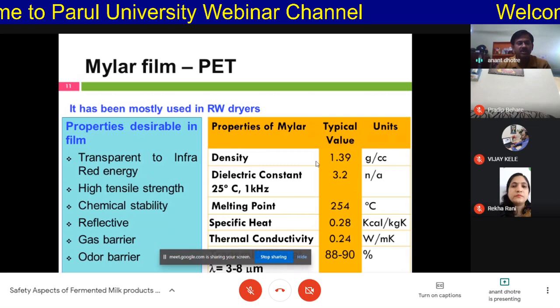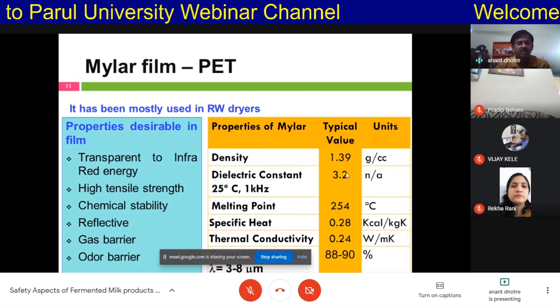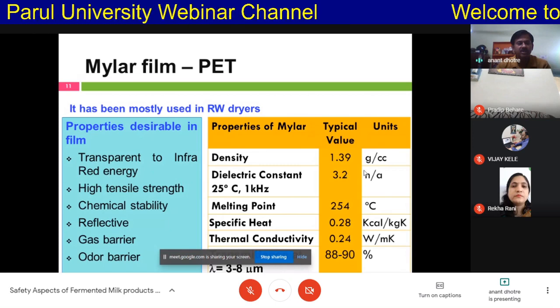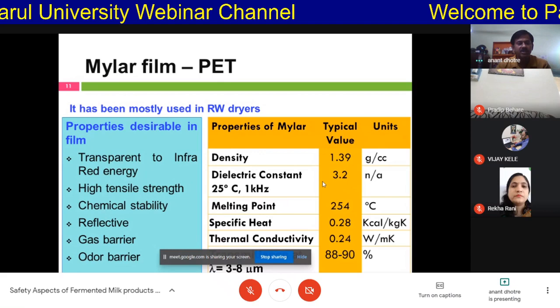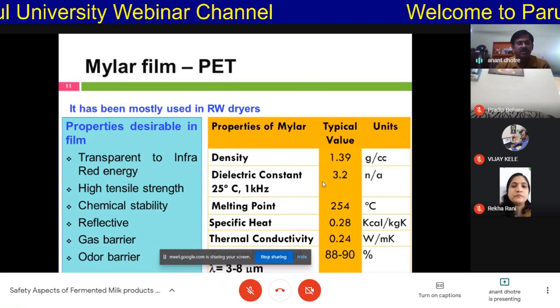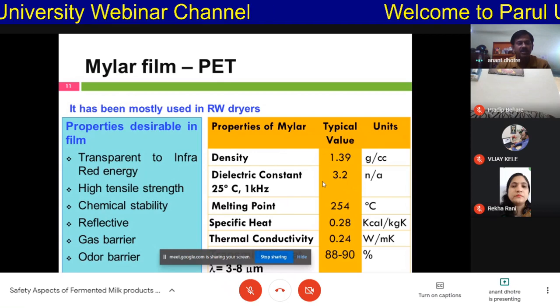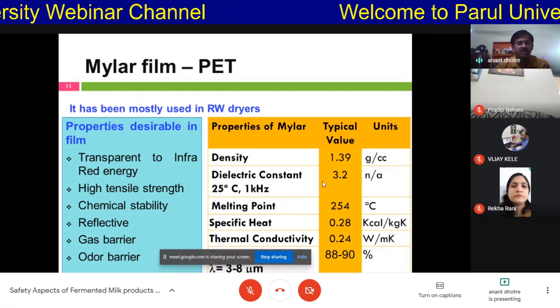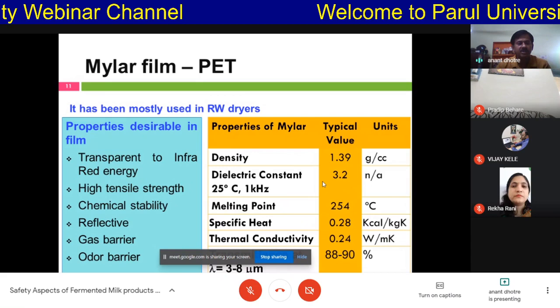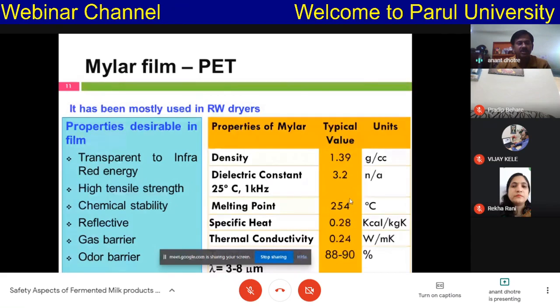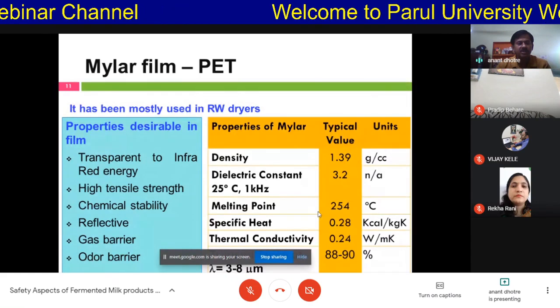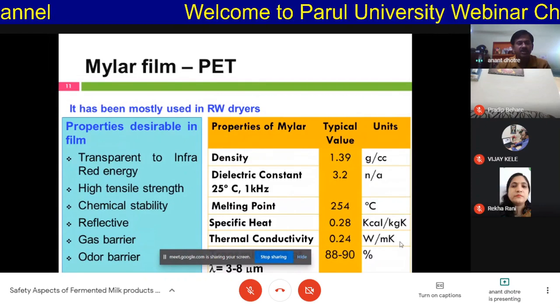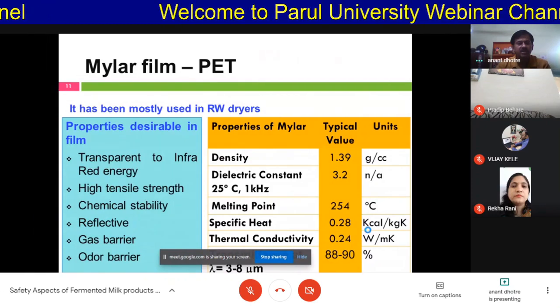Dielectric constant is very important if we want to couple this refractance window dryer with a microwave dryer. The melting point is very high. We don't need to go to that temperature in any case of food drying, especially fruits and vegetables. The specific heat is quite low, and thermal conductivity is also there.